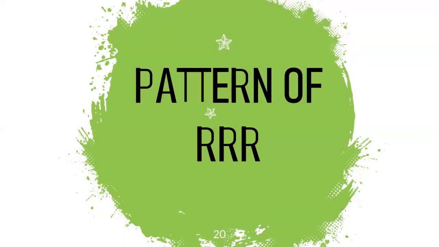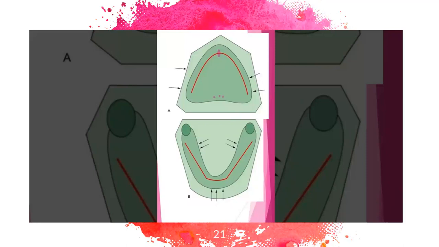Now let's take a look at the pattern of residual ridge resorption. The patterns of bone resorption in the mandible. A large proportion of the bone loss occurs in the labial side of the anterior residual ridge. It happens equally on the buccal and the lingual sides in premolar region and lingually in the posterior or the molar region.